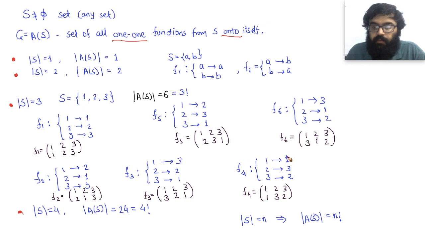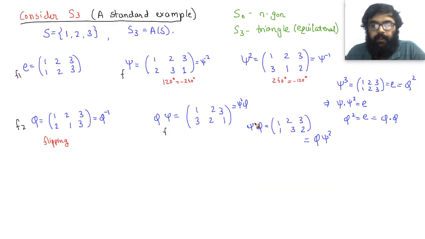So this is F3, F4, F5, F6. So it is the same example A S. That is the reason I did not take ABC, because I wanted to relate with this.